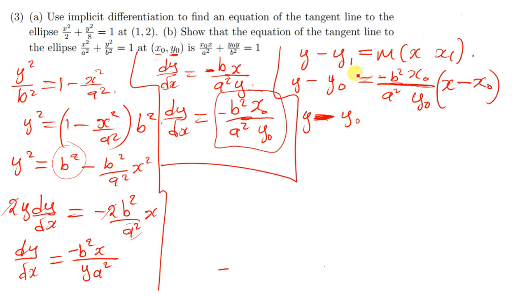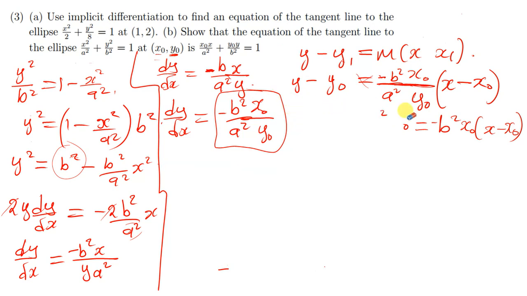I just cross multiply here, let me see how that will simplify my work. Y minus y naught, I'm multiplying this by a squared y naught, and this side I'm going to remain with negative b squared x naught, open brackets, x minus x naught. Okay, so from there I think we don't have to multiply this. Let me divide everything by negative b squared. I think that's the easiest way we're going to do this.